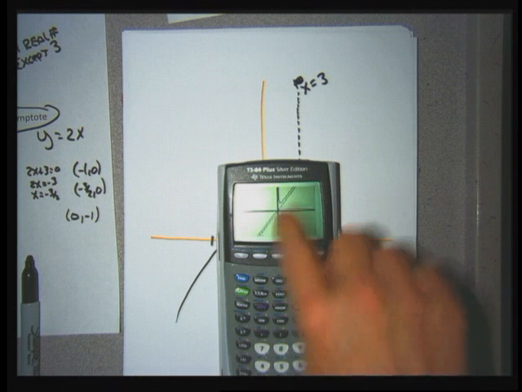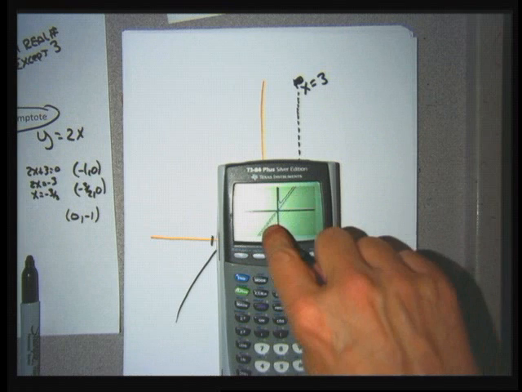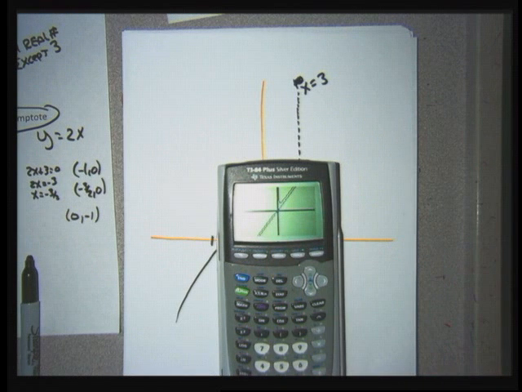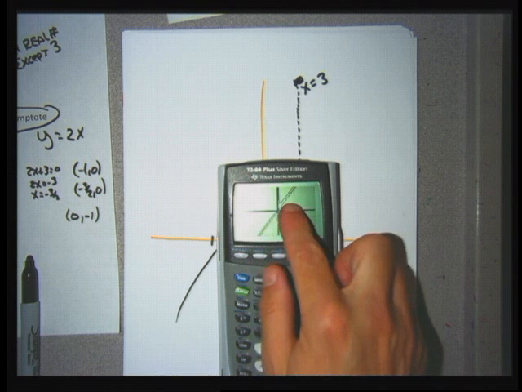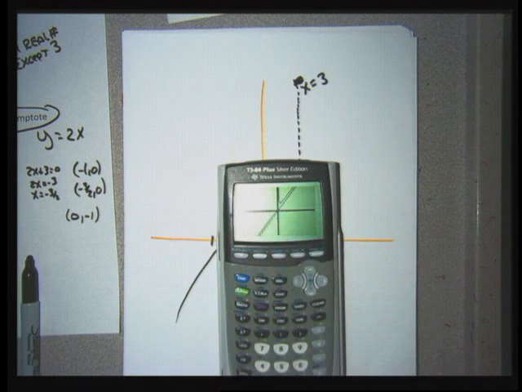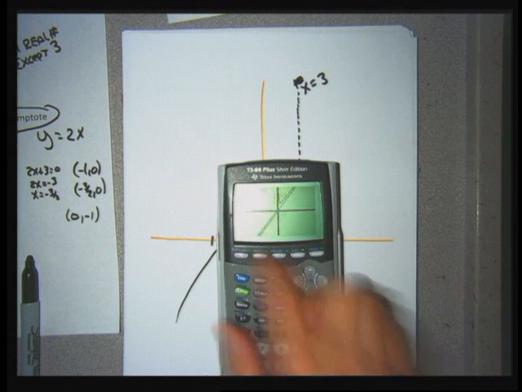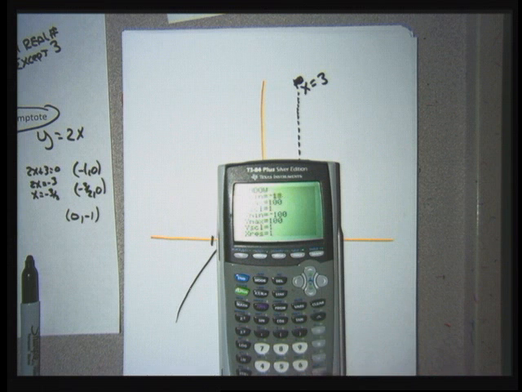But look at that, you can see how nicely the graph follows the line y equals 2x in a big square window. But for my purposes, this window shows the effect of the slant asymptote really well, doesn't show the effect of the vertical asymptote very well at all, doesn't show the intercepts very well at all. So although that's probably an optimal window for the slant asymptote, it's not so good for the others.